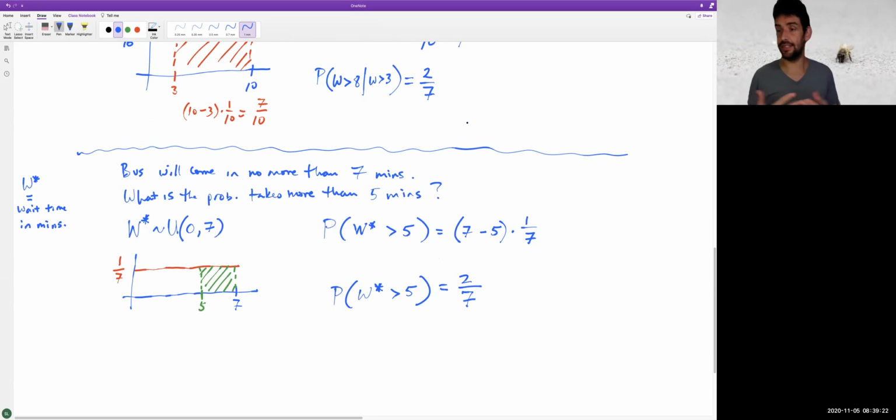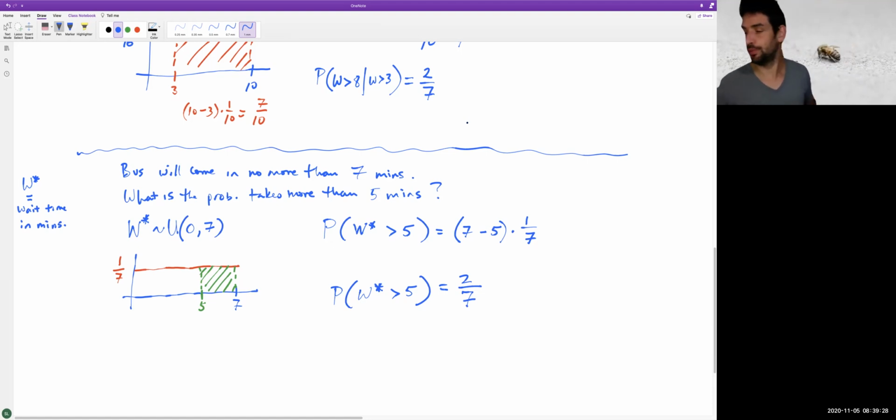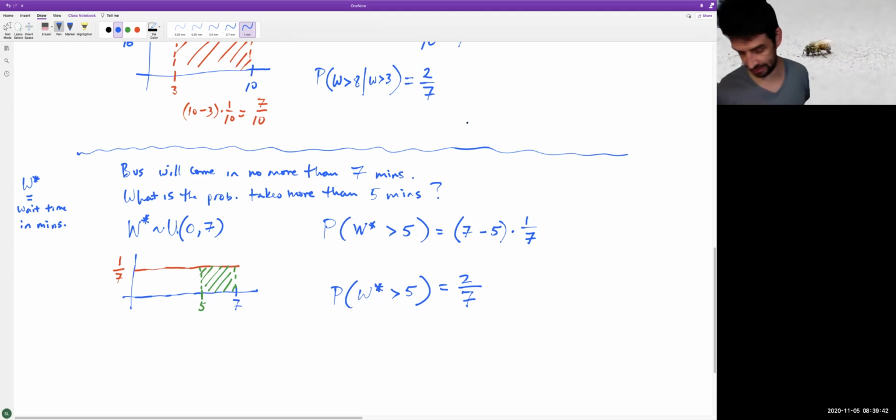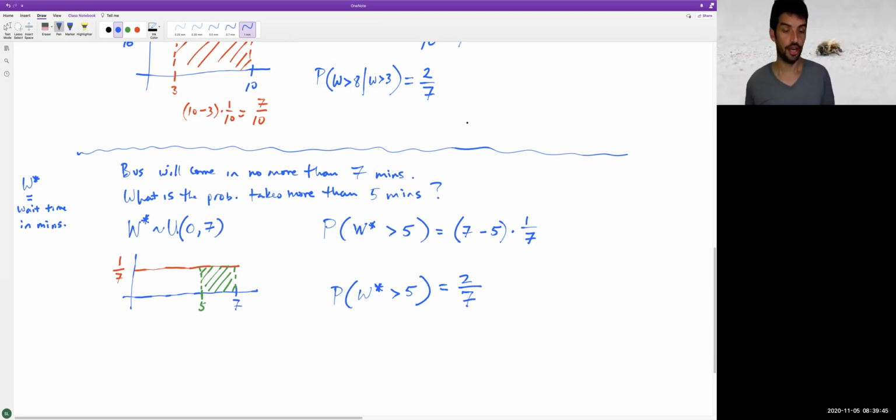So the first one's nice. It follows our definition of conditional probability. It's a kind of, I don't know if algebraic is the right way to express the kind of work we were doing up there. This one illustrates another point about conditional probability. One notion of conditional probability is that it reduces our sample space. And if you look at our graph, it had gone from 0 to 10 in the original situation, but now it only goes from 0 to 7.